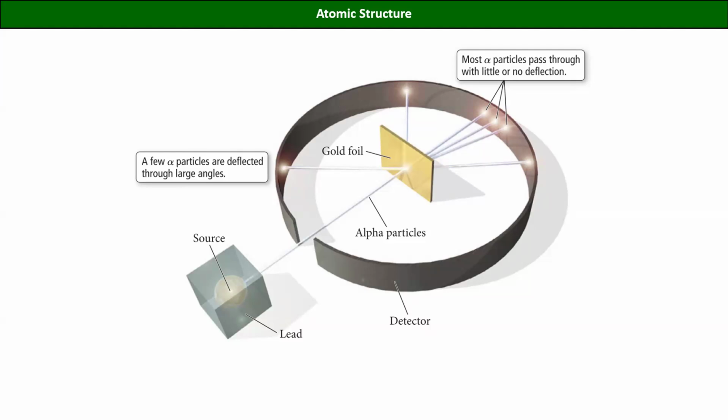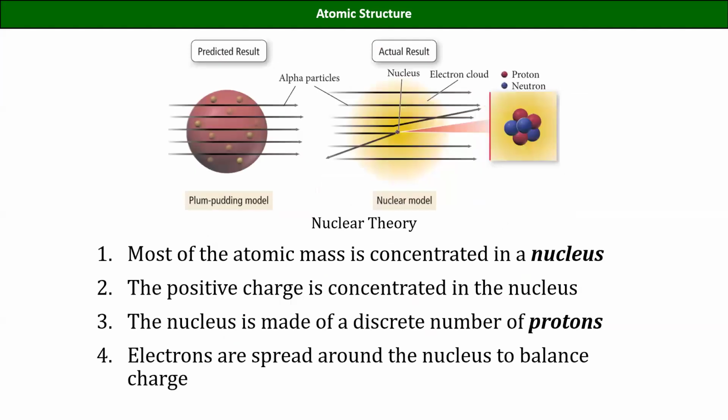And so what he was seeing was that these particles were hitting something and bouncing off. Most of them were making it straight through without running into anything. Some of them would hit something and go a different direction. So Rutherford came up with what he called the nuclear theory. So at this point in scientific history, they already knew that cells existed. They already knew that cells had nuclei.